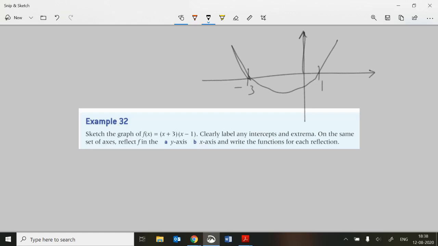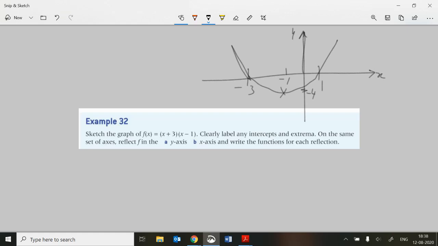And the point in between those two is minus 1, so if I put minus 1 into these functions, I'm getting my turning point out, which is 2 times minus 2, which is minus 4. My scale is quite different on the y-axis to my x-axis.